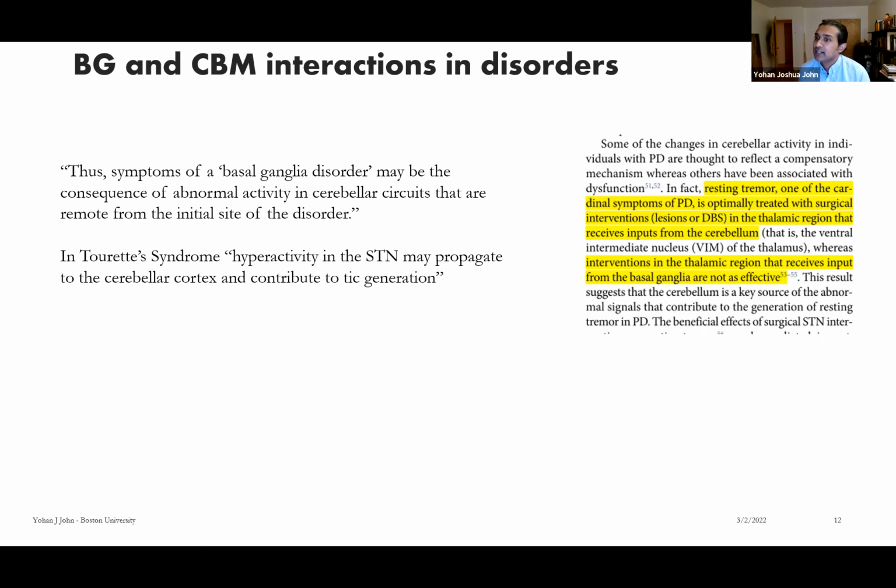And this I thought was quite interesting. I did not know this: resting tremor, one of the cardinal symptoms of Parkinson's, is optimally treated with surgical interventions or DBS in thalamic regions receiving input from the cerebellum. So that's specific. Interventions to the thalamic region that receive input from the basal ganglia are not as effective.